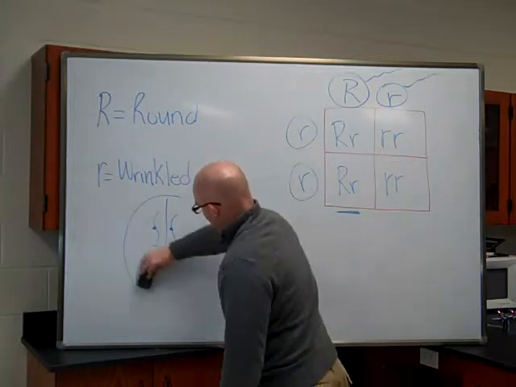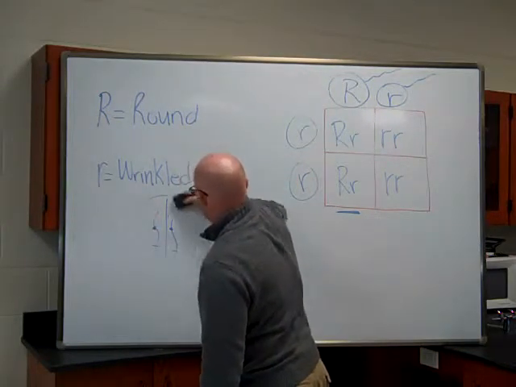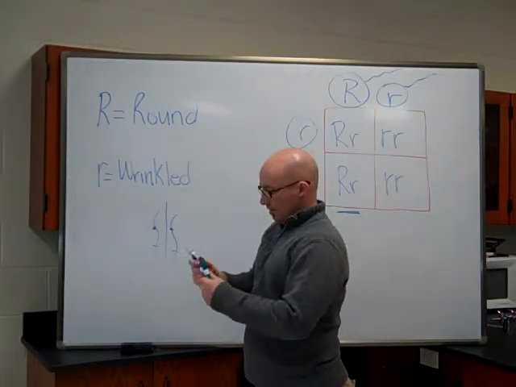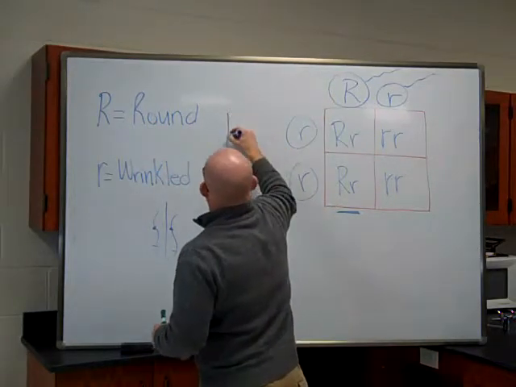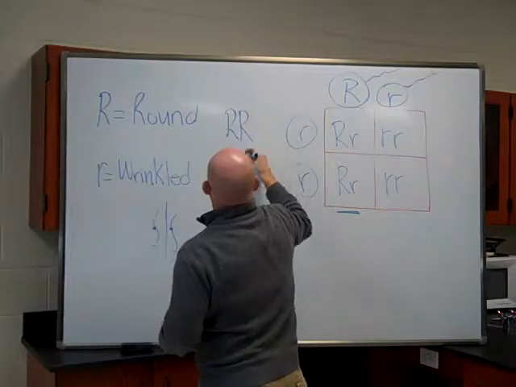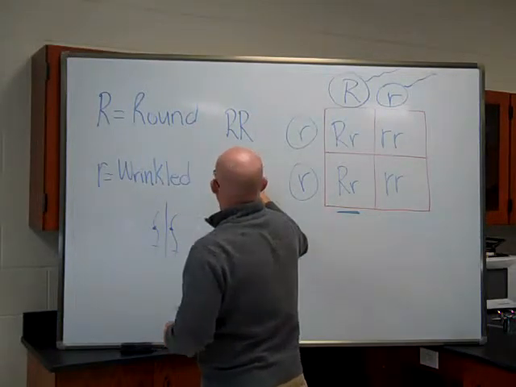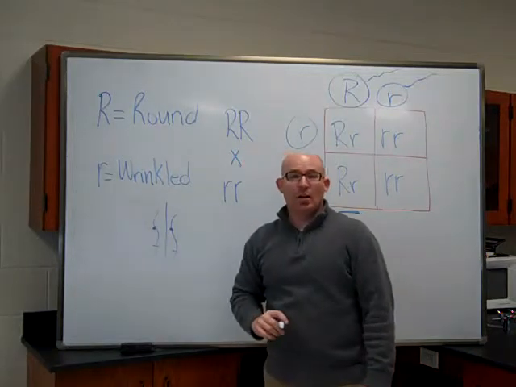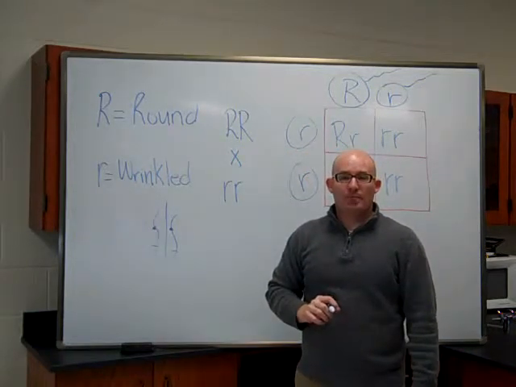So basically, remember, big R, round, little r, wrinkled. This tells us we have a big R, big R individual crossed with a little r individual.